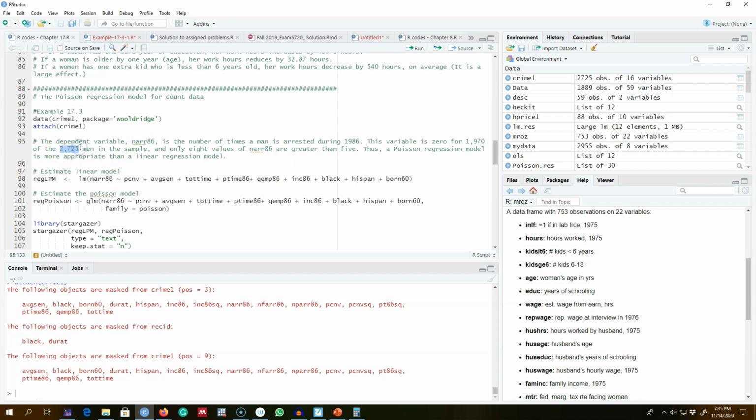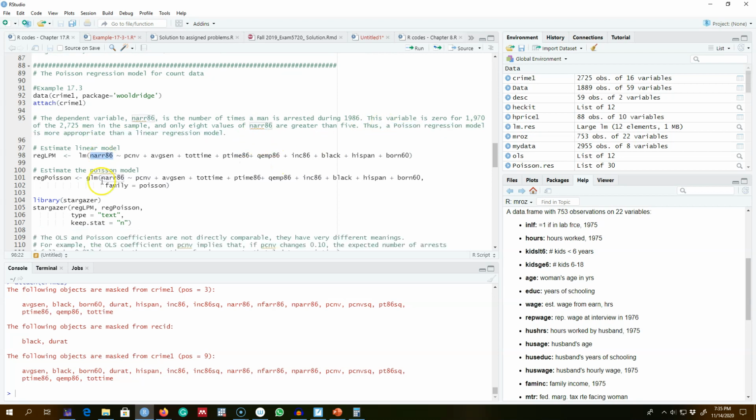So we have a lot of zeros in this sample, and only 8 values of the number of arrests are greater than 5. So the distribution obviously is not normal, and also it's count data which takes non-negative integer values. Hence we are going to run a Poisson regression model rather than a linear model for this dependent variable.